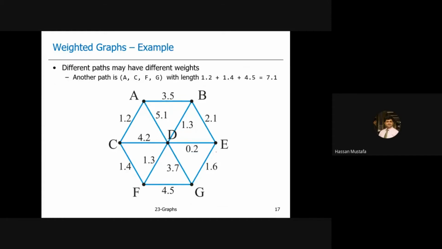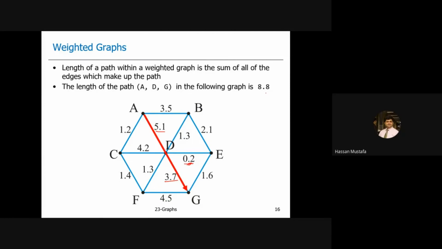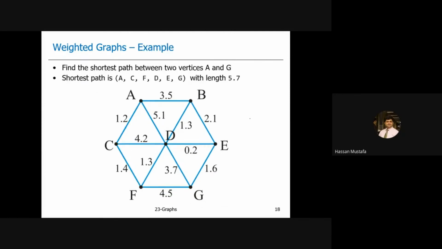Similarly, in the same graph, there's another path from A to G, that is A to C, C to F, and F to G, and the cost of this path would be 1.2 plus 1.4 plus 4.5, that is 7.1. Now you see this 7.1 is smaller than the previous cost, that was 8.8. So we can have a shortest path on this weighted graph as well.